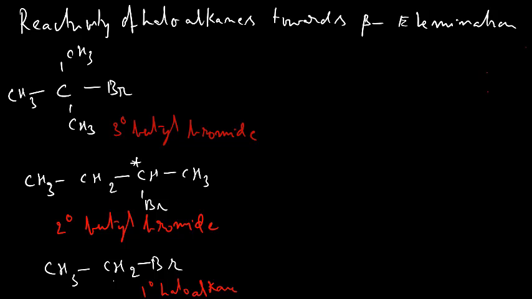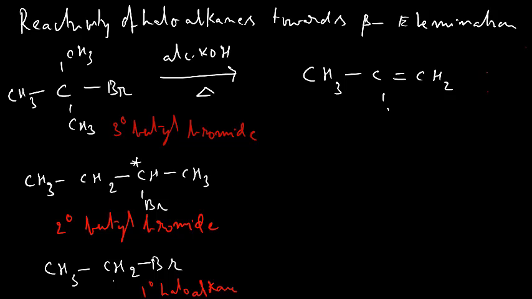So, in this case, when it is heated with alcoholic KOH, what do we get? CH3, C double bond CH2, CH3. So here the double bonded carbon atom is connected to 2 more carbon atoms, that is 2 alkyl groups, this and this.